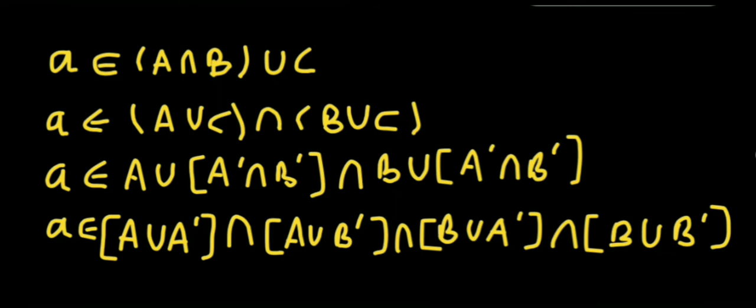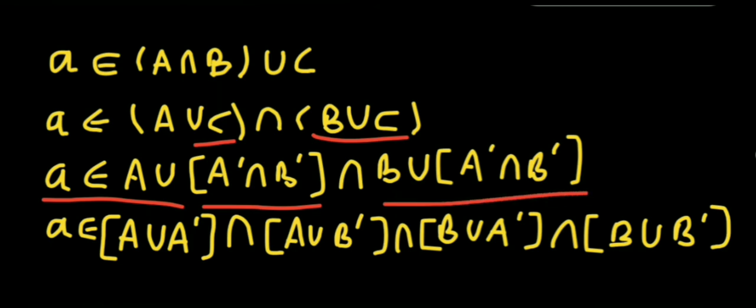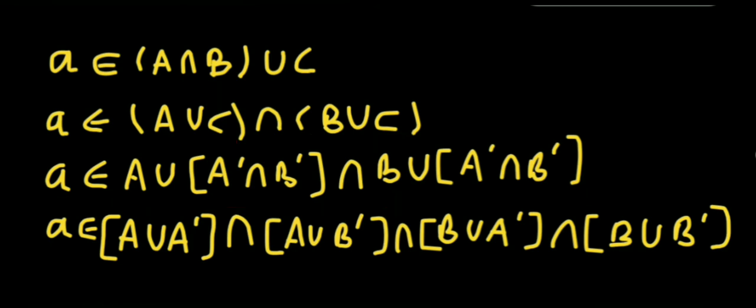On the next step, we will write C is equal to A prime intersection B prime. a belongs to A union, here C is A prime intersection B prime, again B union C, then B union A prime intersection B prime. a belongs to (A union A prime) intersection (A union B prime).